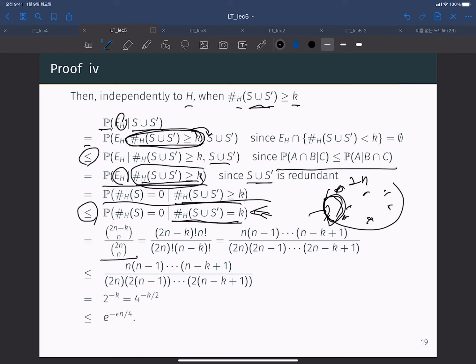So this is exactly this: the number of ways of selecting n from 2n minus k, excluding all k instances, over all possible cases of choosing n instances from 2n to randomly generate the subset S. So from a simple calculation, we have this inequality. So the probability of EH for any given H is upper bounded by this.